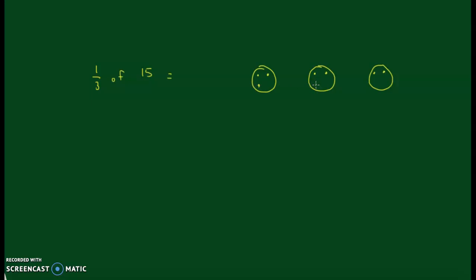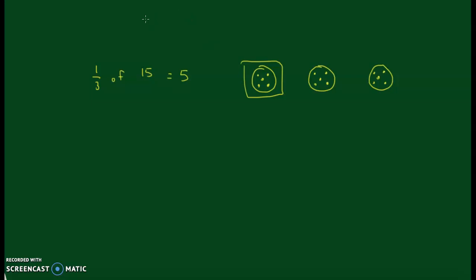I just separate it into thirds, and this would be 1/3, and in 1/3 there are 5 of the dots, so 1/3 of 15 is 5.